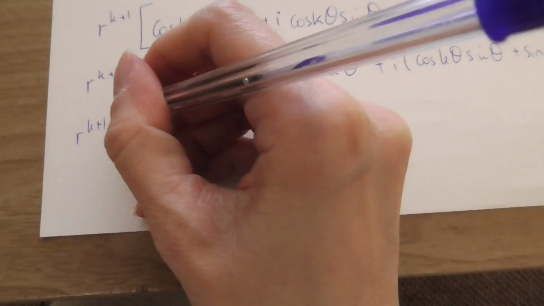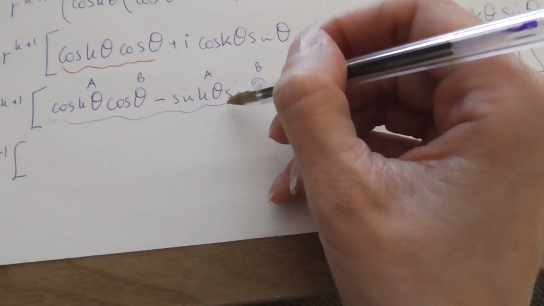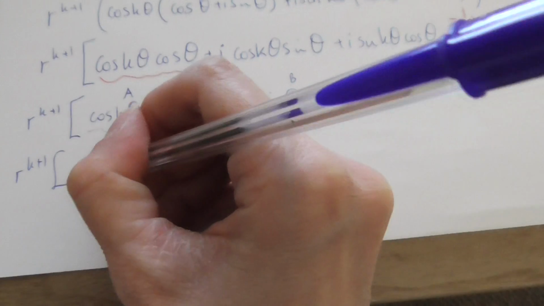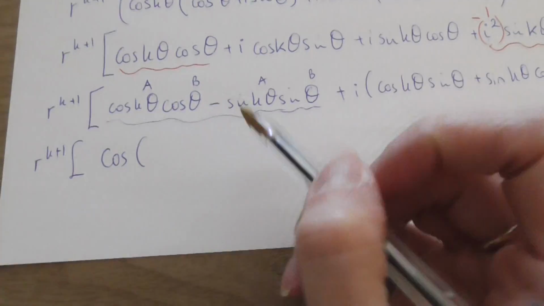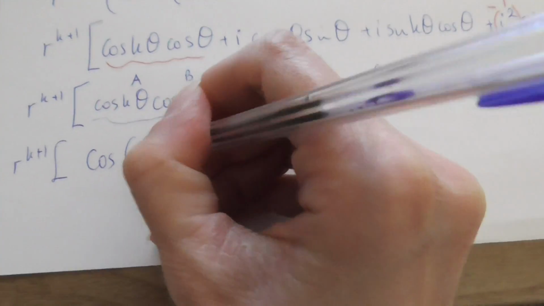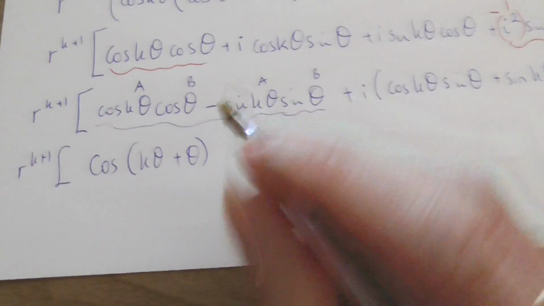So it's going to be r to the power of k plus 1, bracket, all of that is now written as the cos of A plus B. Well, A is k theta and B is theta.